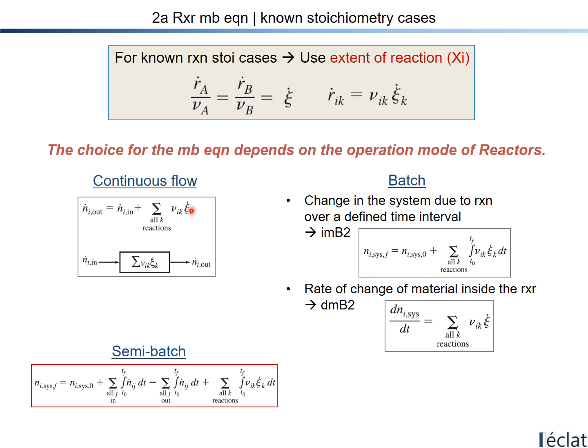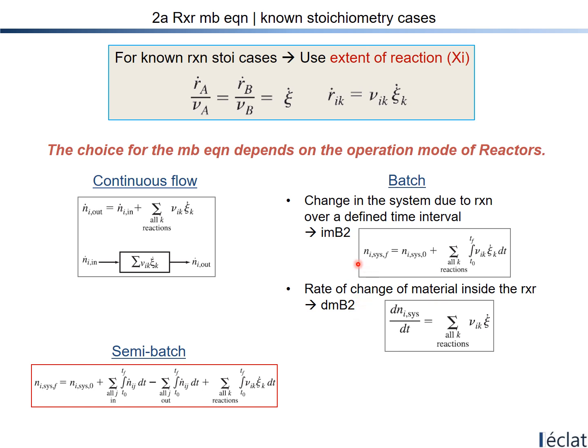Let's go to the other extreme, which is the batch mode. For the batch mode, usually we could use the integral form of mole balance equations, or sometimes the differential form of mole balance equations.